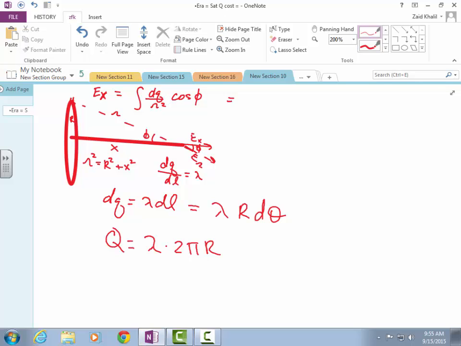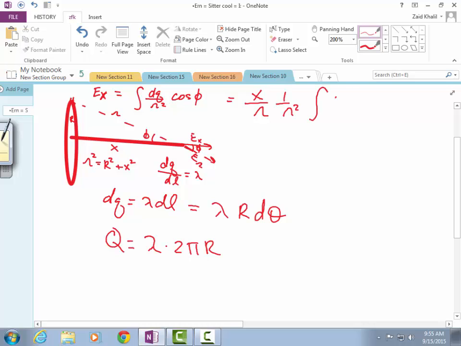So cosine of phi is x over script r, times 1 over script r squared, integral dq. And there you have it. So the electric field at x is x over script r cubed times this factor, lambda times 2 pi r.